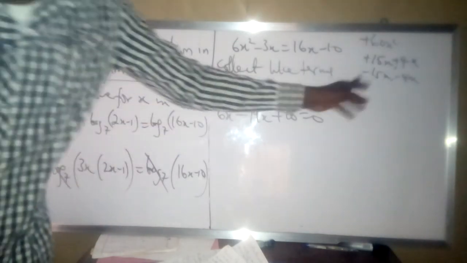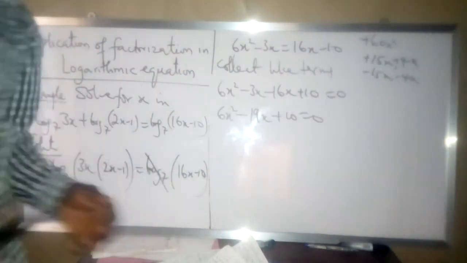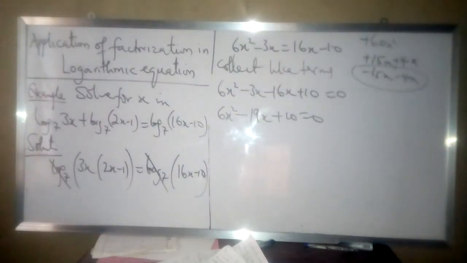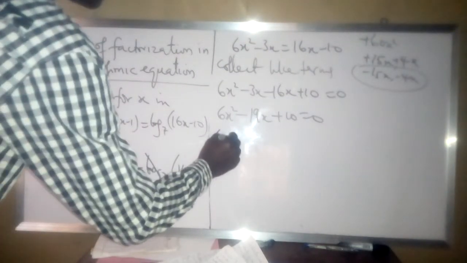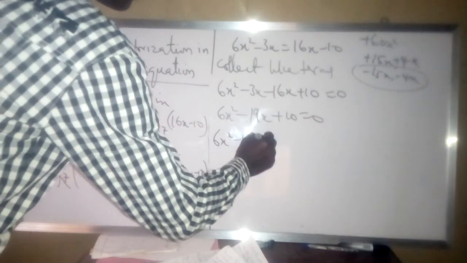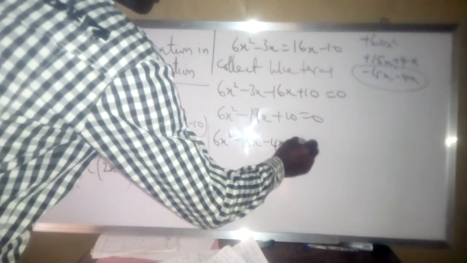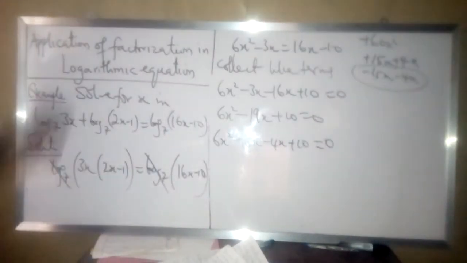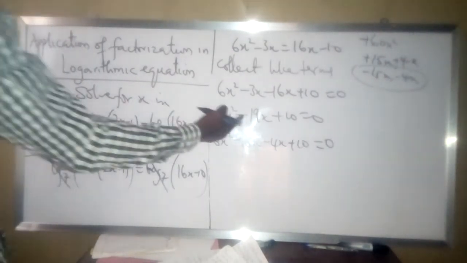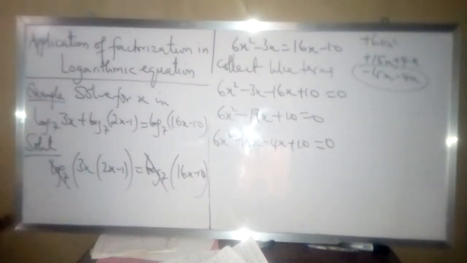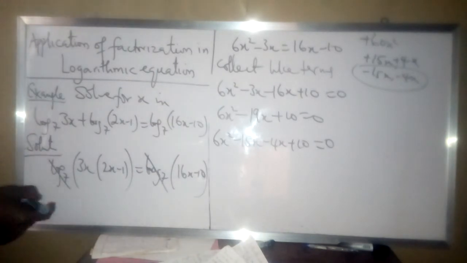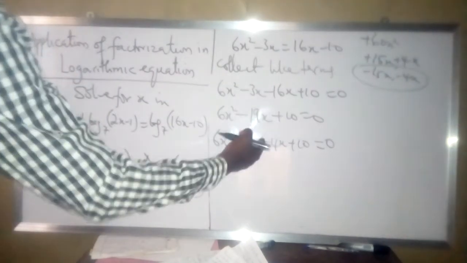So which of these two pairs will give us minus 19x? Obviously, it is the one that has minus 15x minus 4x. So we have 6x squared minus 15x minus 4x, used to replace that minus 19x. We have replaced minus 19x by the addition factor of minus 15x and minus 4x.